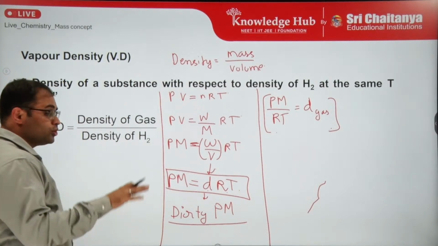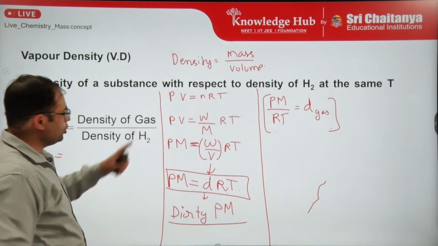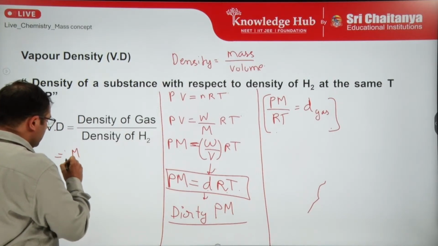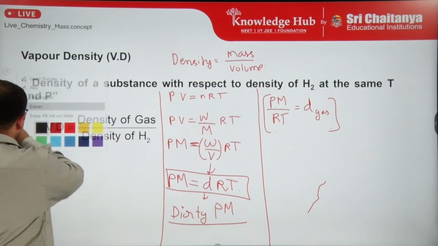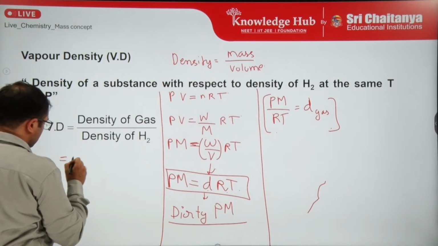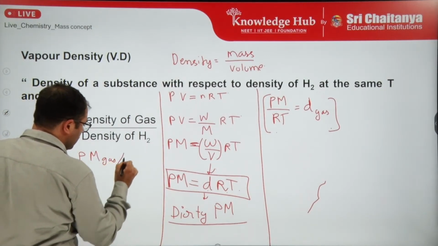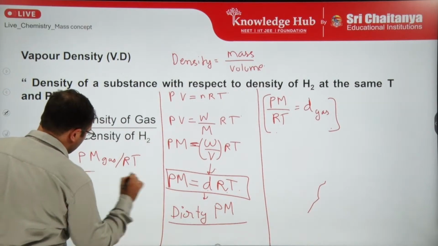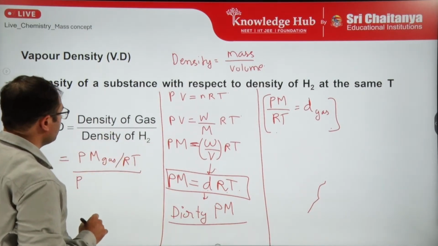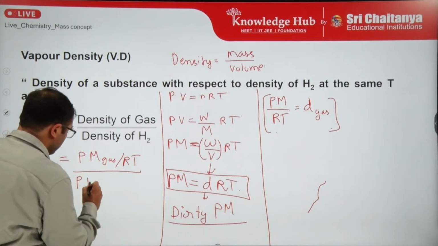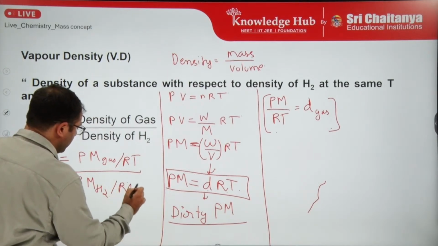Right. So substitute all that here. Density of gas is P M of gas by RT divided by P M of H2 by RT.